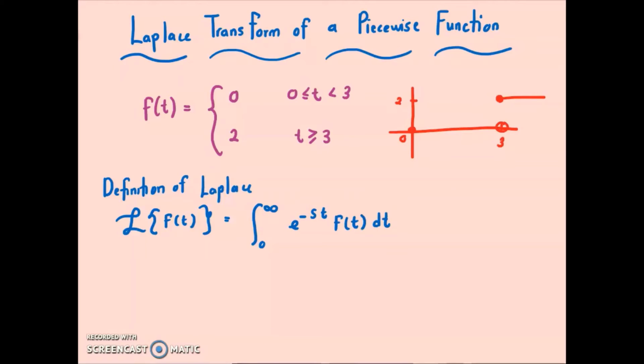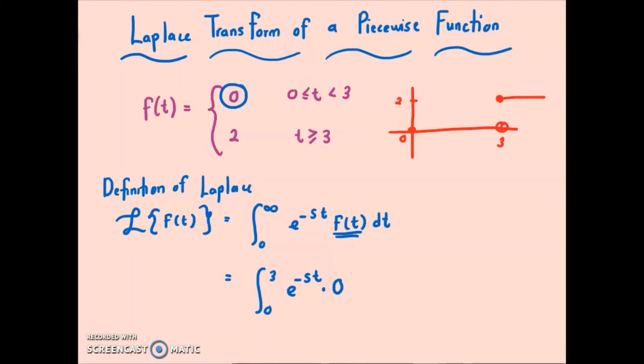Okay, please be familiar with this definition. And then what you do here, look at this integral. Okay, so my integral from 0 to 3, so I have the integral from 0 to 3 of e^(-st), and my f(t) is 0.